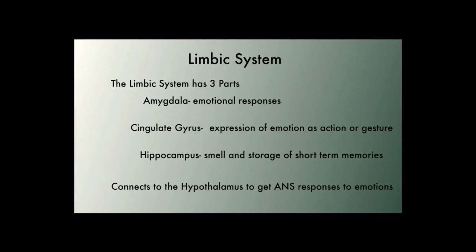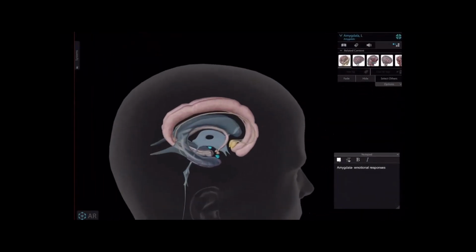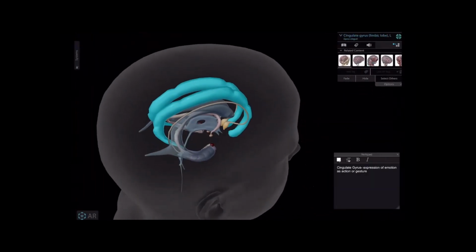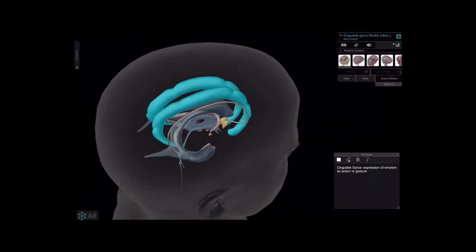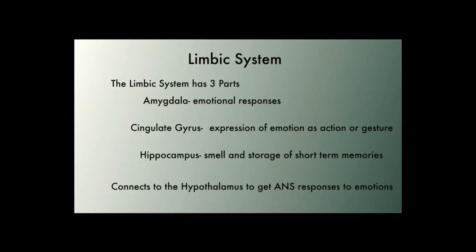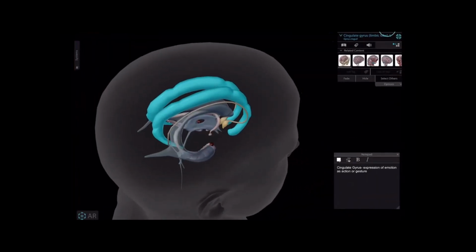And then we have our cingulate gyrus, right? Our cingulate gyrus, expression of emotion as action or gesture. Let's take a look at that structure. There we go. That's the cingulate gyrus, expression of emotion as action or gesture. And we have the hippocampus, smell and storage of short-term memories.